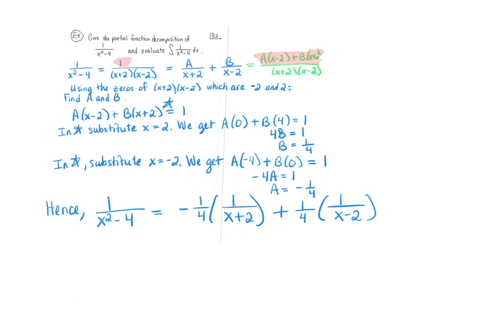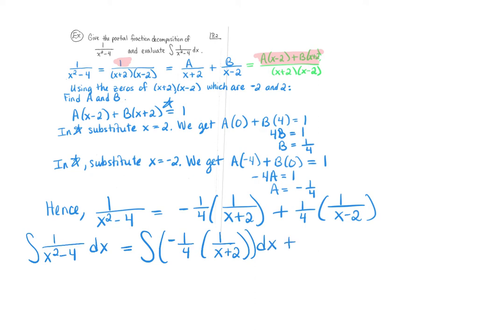So the integral of 1 over x squared minus 4 dx is equal to the integral of -1/4 times 1 over x plus 2 dx plus the integral of 1/4 times 1 over x minus 2 dx, right?